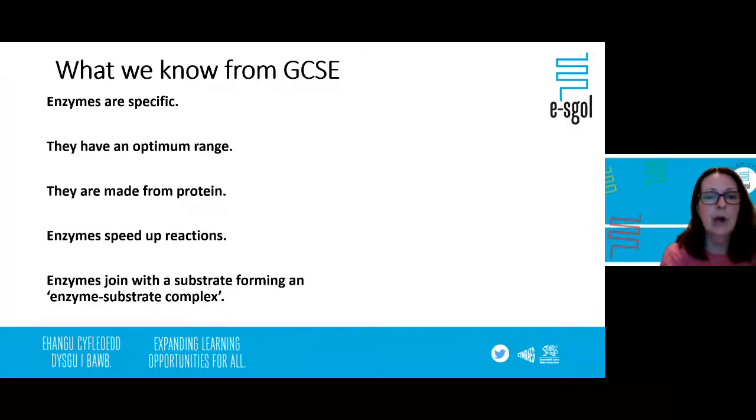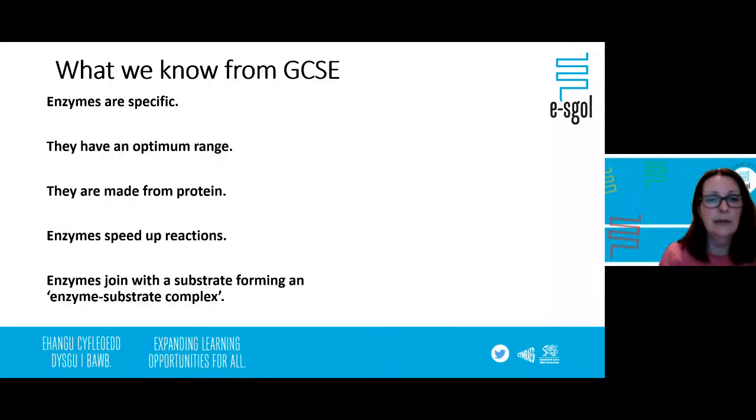So enzymes are specific. We also should remember that all enzymes have an optimum range. This means that enzymes work within a particular range or a particular set of parameters. So, for example, certain enzymes will work within a pH range.